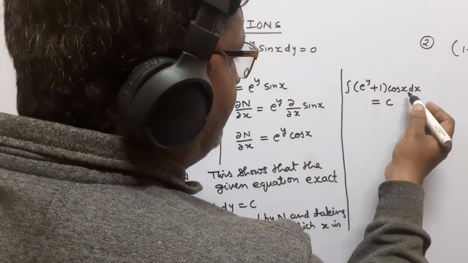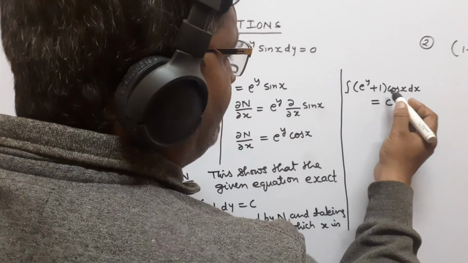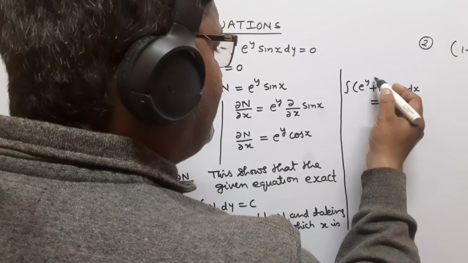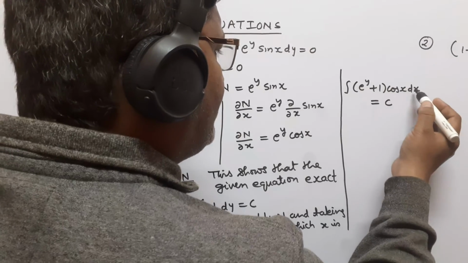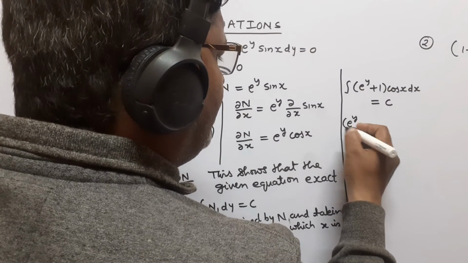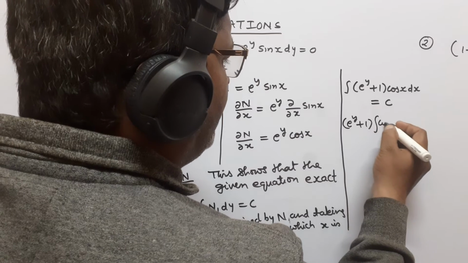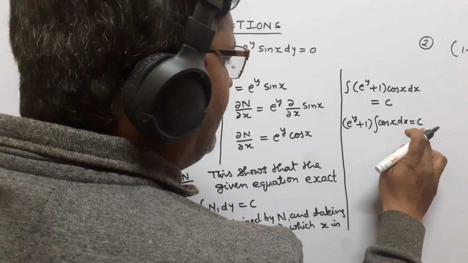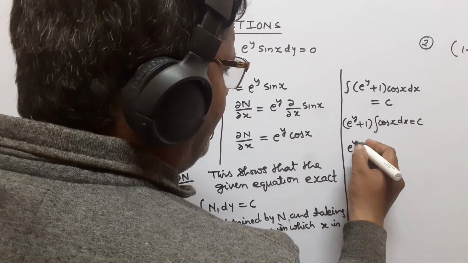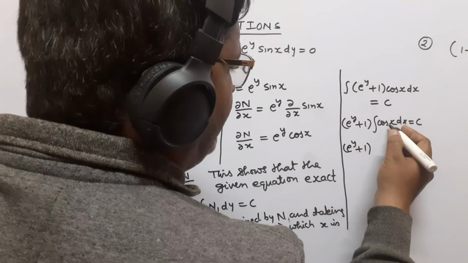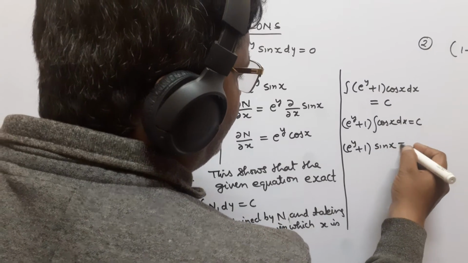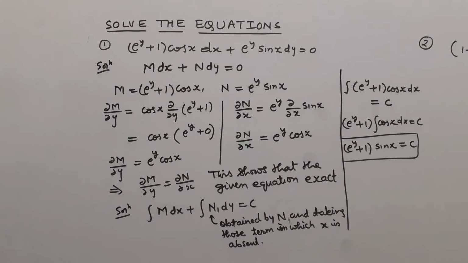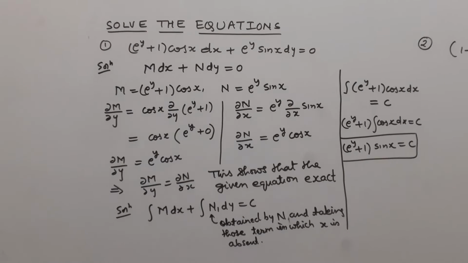Now we integrate this e to the power y plus 1 multiplied by cos x with respect to x. So here e to the power y plus 1 is constant with respect to x, so it will be outside the integral sign. Integral of cos x dx, where c is the integration constant. So e to the power y plus 1 and integration of cos x is equal to sin x, this is equal to c. So this is the solution of the given differential equation.